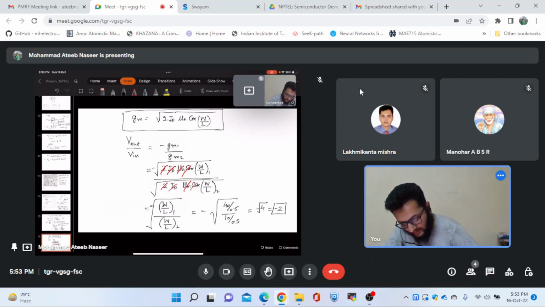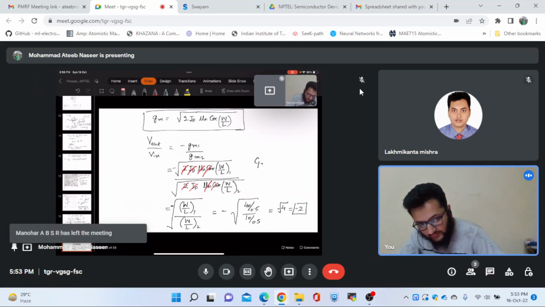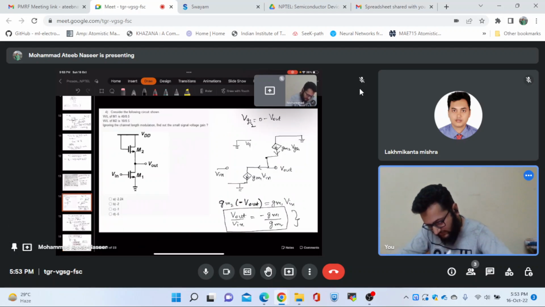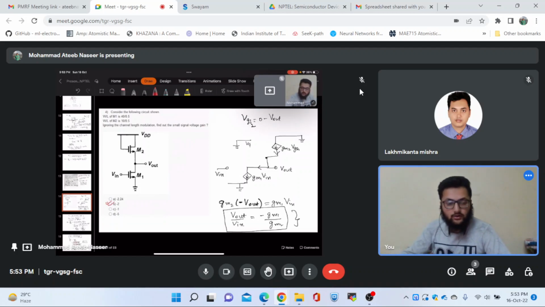So gain is equal to minus 2. Let us check the options. We have got option B as the correct option. So we have got this correct.